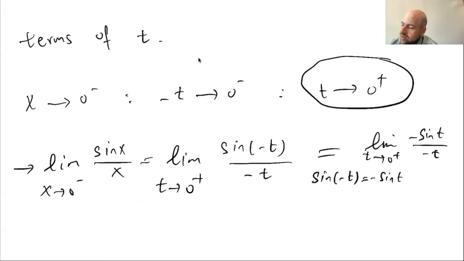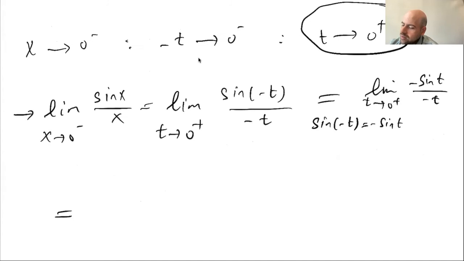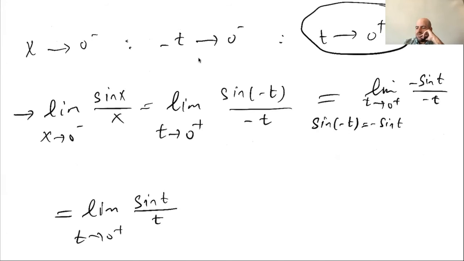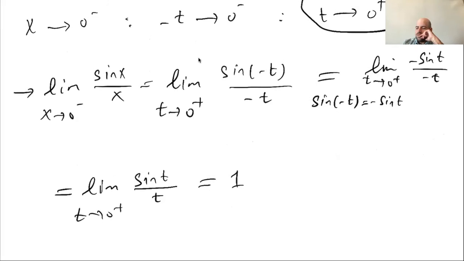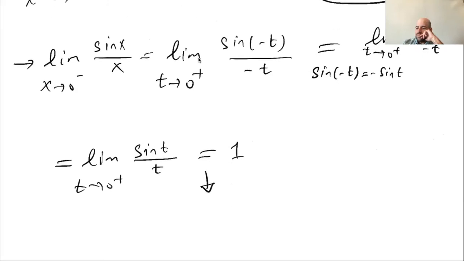And then cancel minus with minus. So I can write this as the limit of sine t over t, t approaches 0 from right. And then this is 1, because we already showed that the limit of sine x over x as x approaches 0 from right is 1.